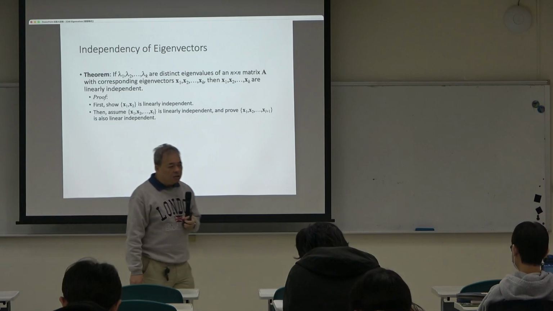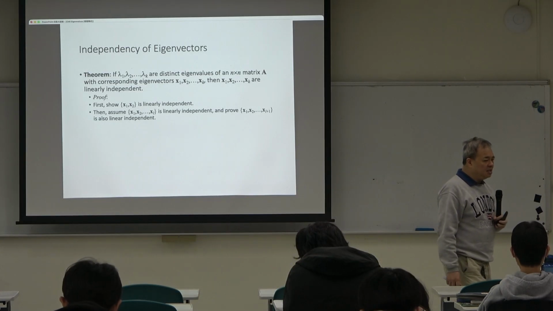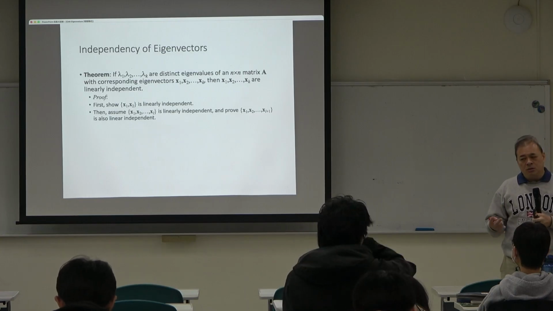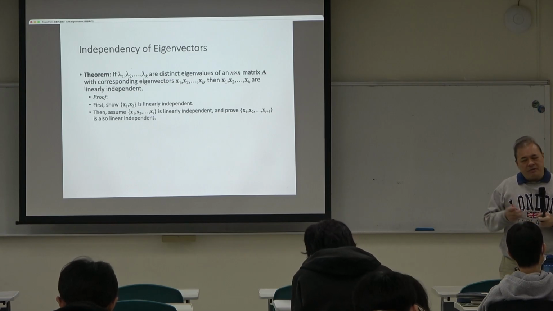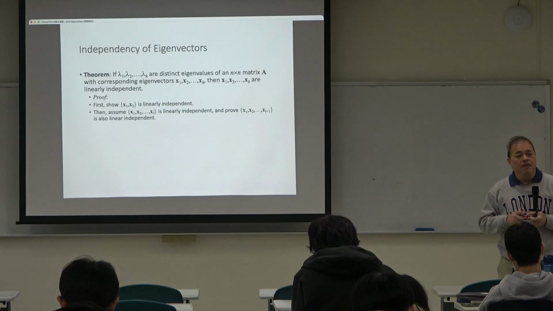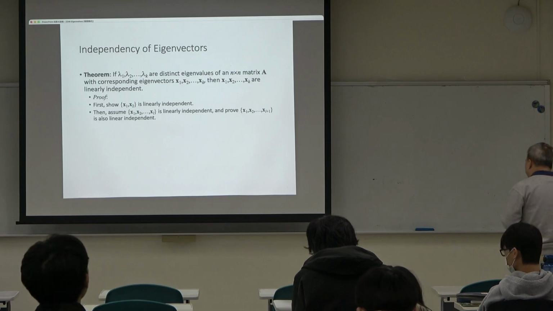So let's consider the definition of linearly independent. And we start from just two eigenvectors, assuming their eigenvalues are different. So we consider x1, x2.